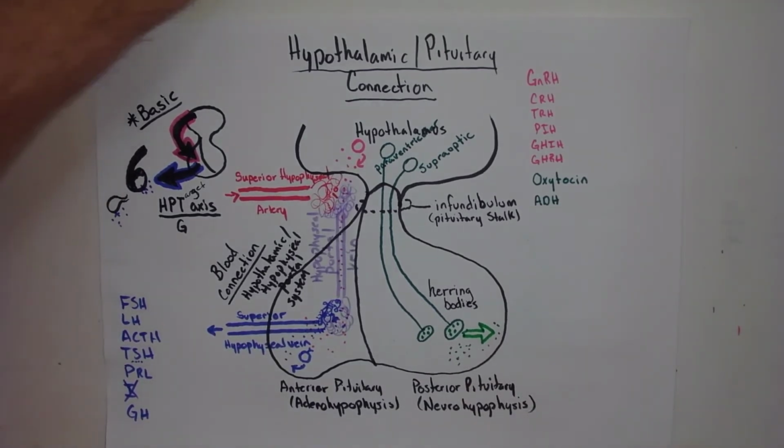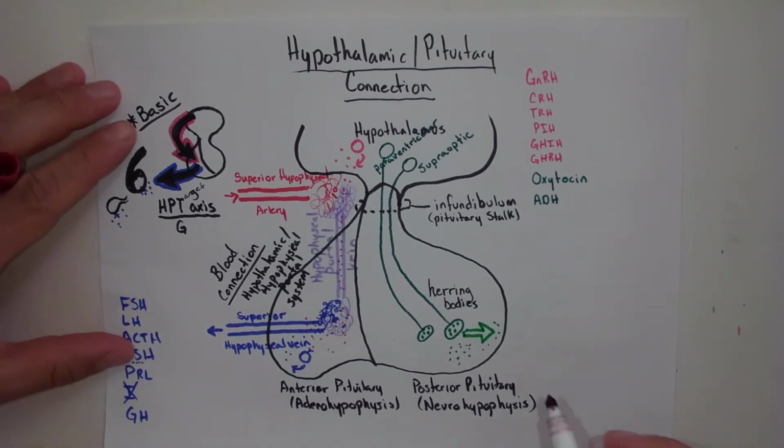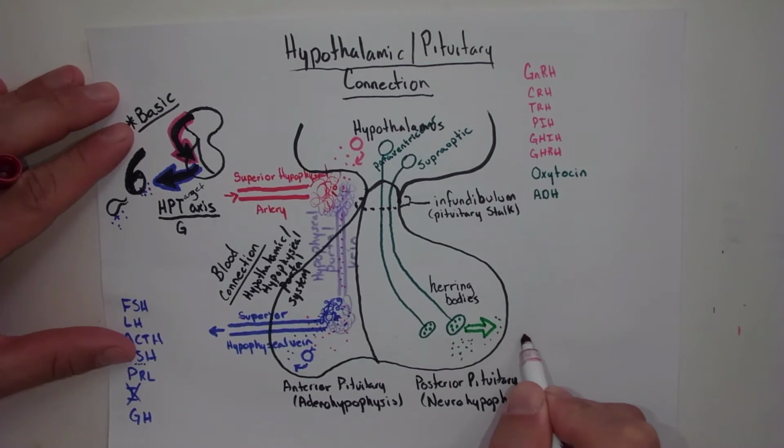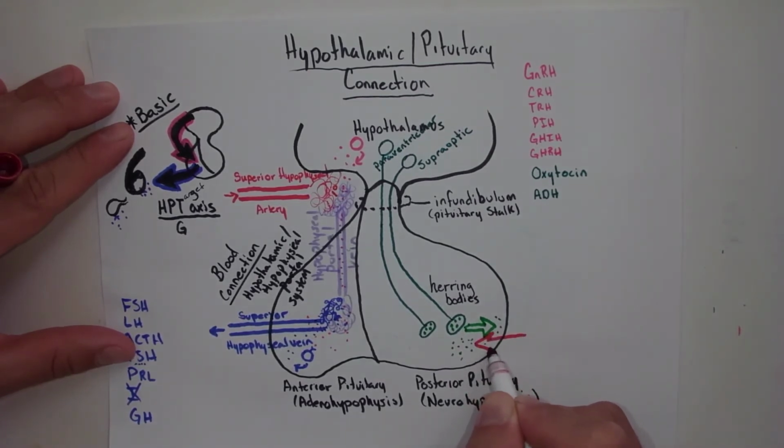There's a capillary plexus in the posterior pituitary that will pick up these hormones.